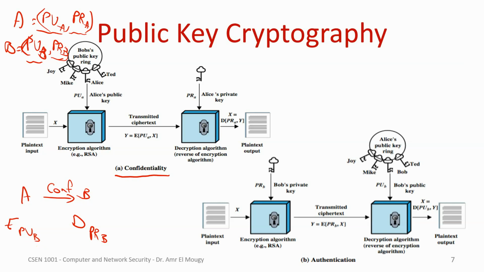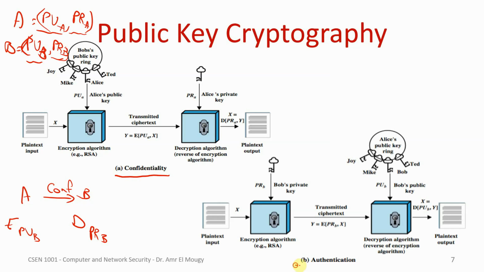Notice here that Alice encrypts with the public key, not of herself. Alice encrypts with the public key of Bob. How does Alice know the public key of Bob? Because it's the public key. It's public. Everyone knows it. Bob actually publishes it. Anyone can have it and anyone can read it. Okay? So, if Alice encrypts with the public key of Bob, then only Bob will be able to decrypt using his private key, and you have achieved confidentiality in this case.